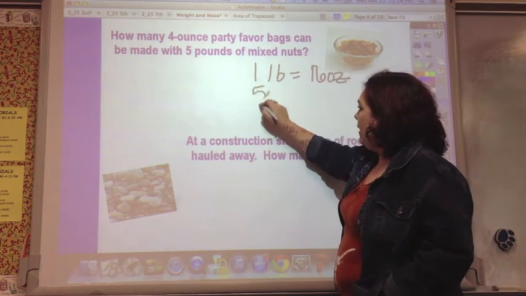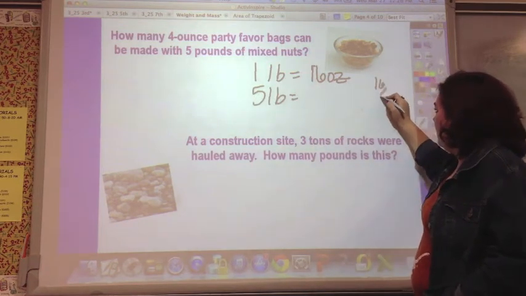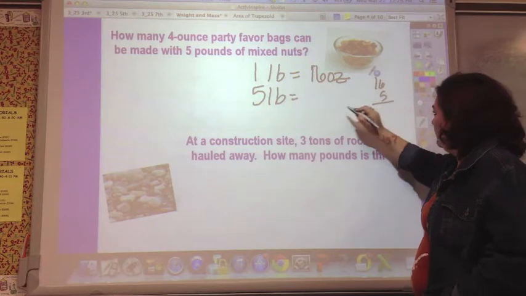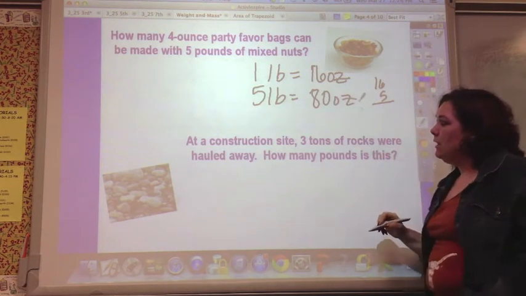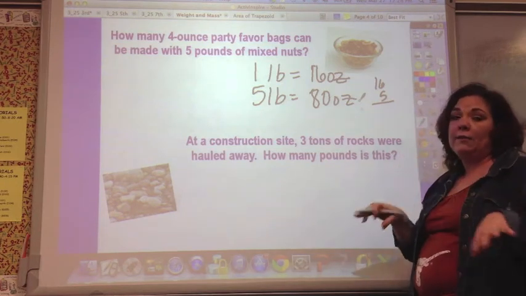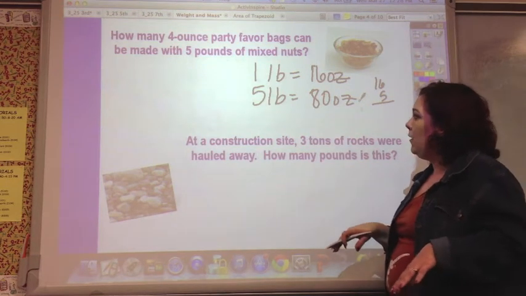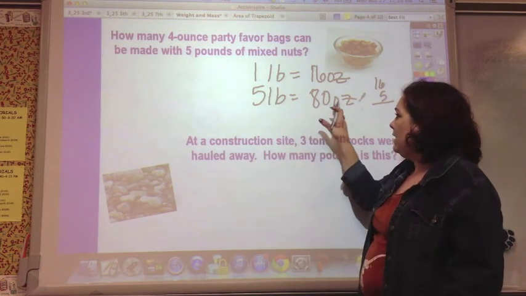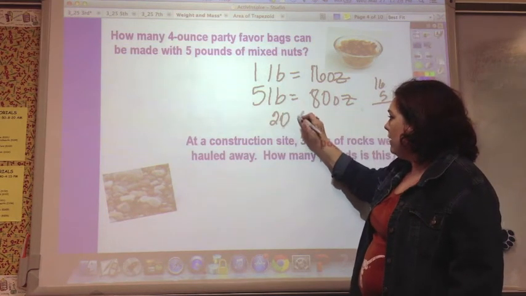So 5 pounds equals 16 times 5, which is 80 ounces. Now I've got 80 ounces of nuts, and I want to divide these into 4-ounce party favor bags. So 80 divided by 4 is 20 bags.